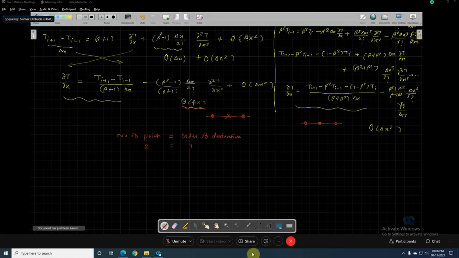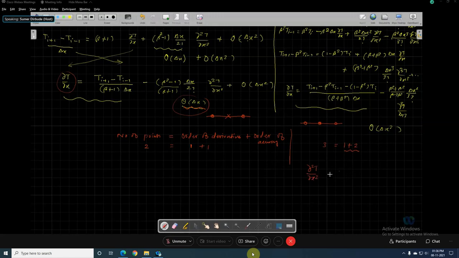And also if you look at the order of accuracy, that is also 1. Then in that case, number of points is 2. Now come to this case: number of points 3, order of the derivative 1, order of accuracy 2.